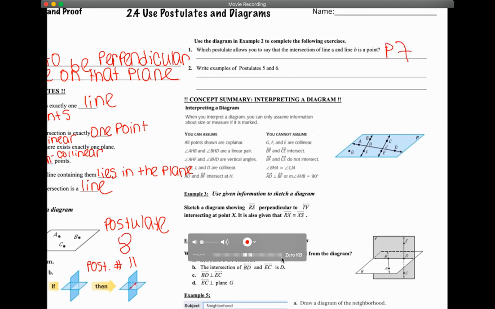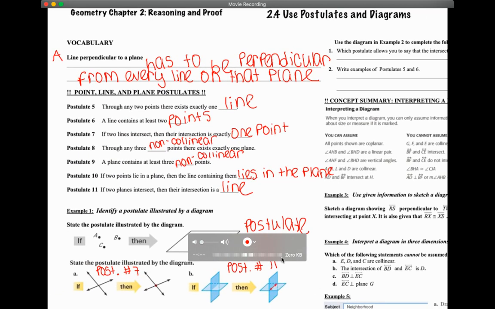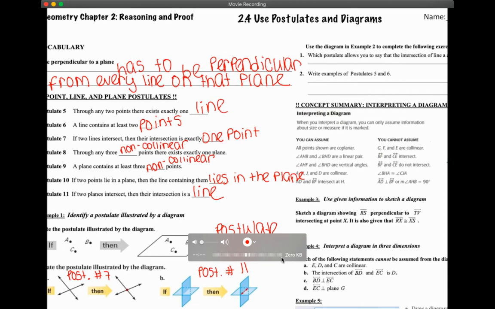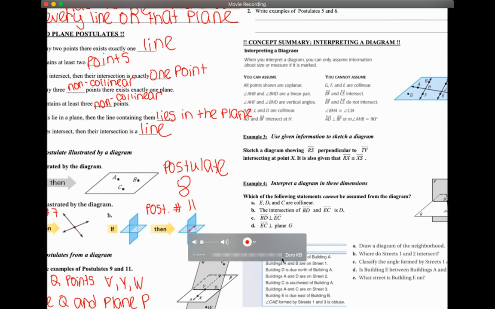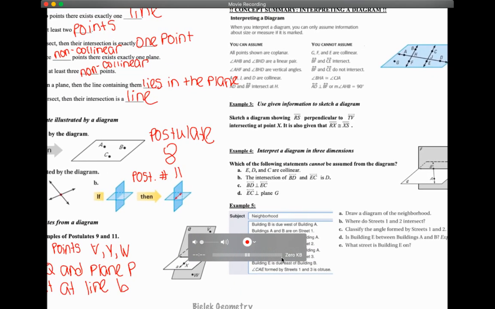Then they want us to write examples for postulate 5 and 6. So postulate 5 is through any 2 points, there's exactly one line. So I just need to find 2 points on here that form a line.